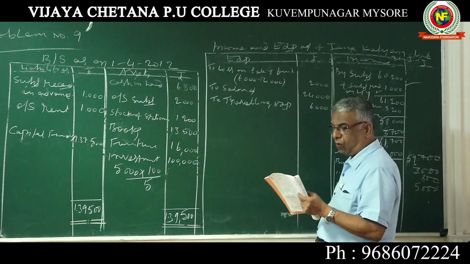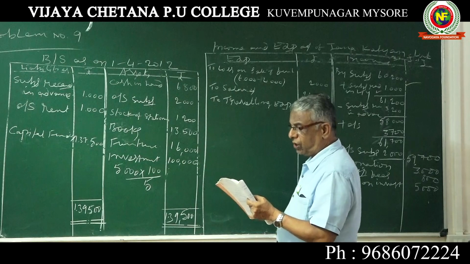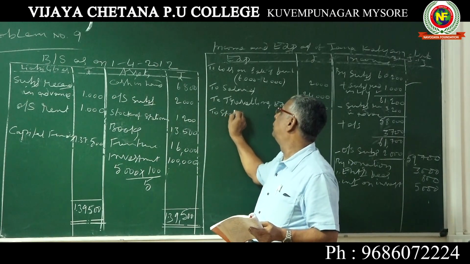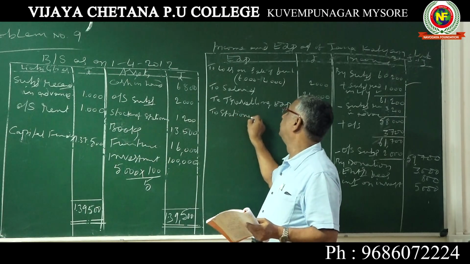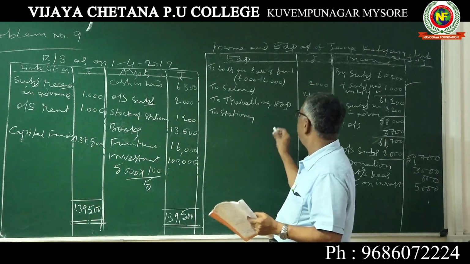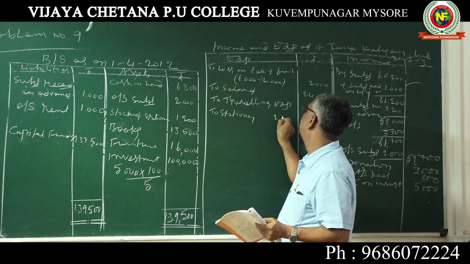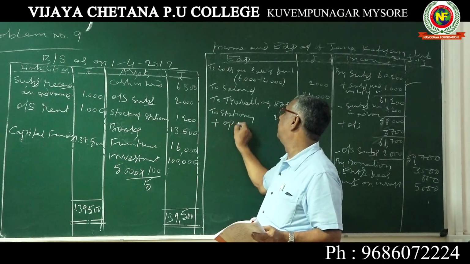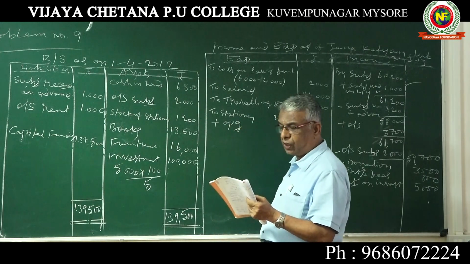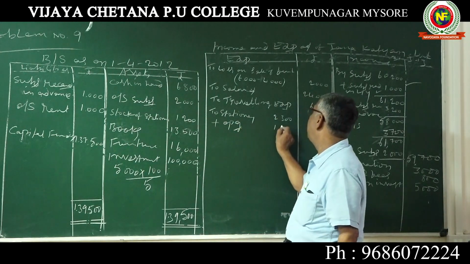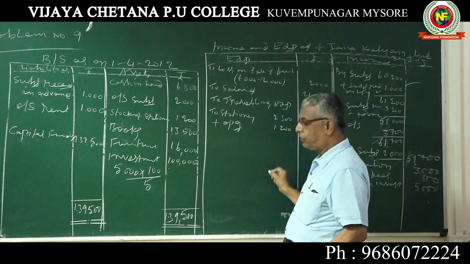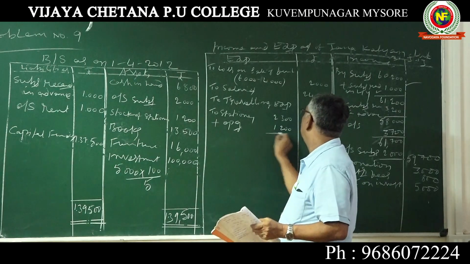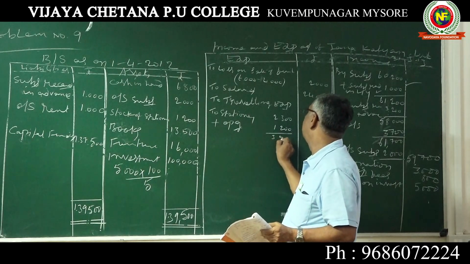And then you have to find out the depreciation on stationery. The stationery purchased during the year is 2,500. To this add opening stock of stationery 1,200, and the total comes to 3,500.